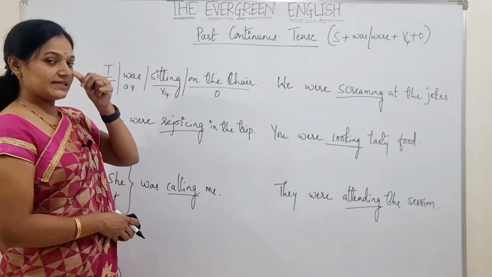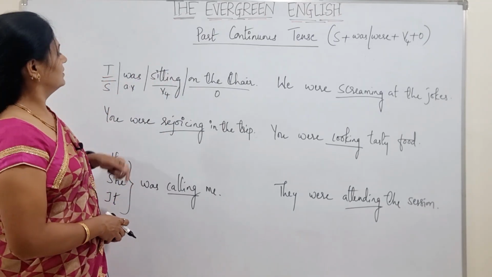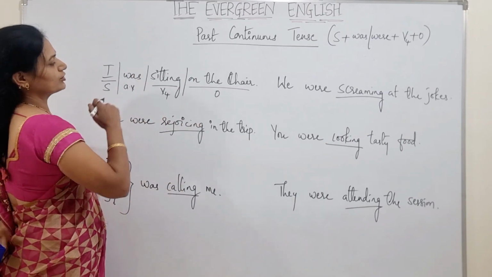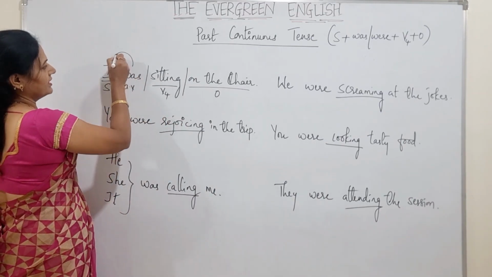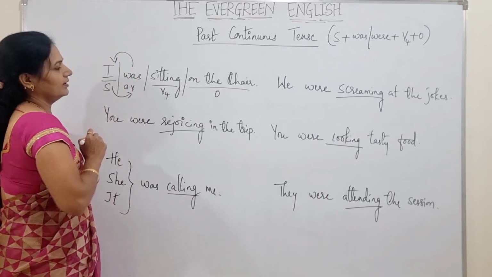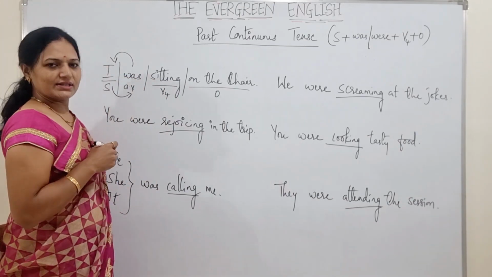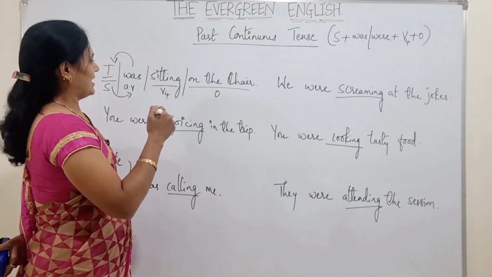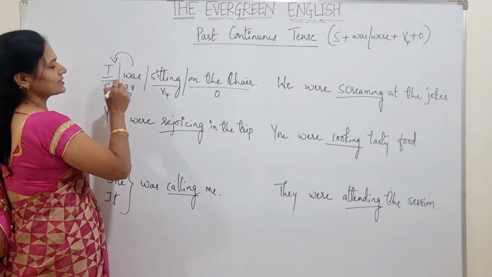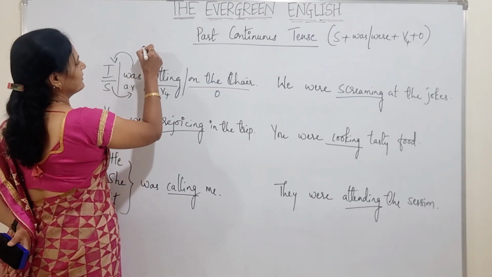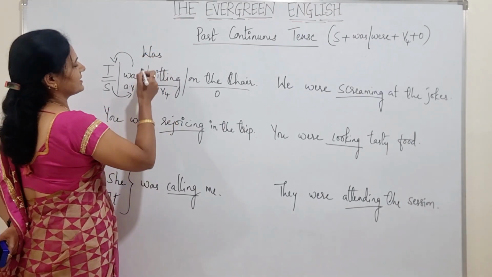Now, shall we change from assertive to interrogative? Here you have to go with this formula. I was sitting on the chair is the assertive sentence. I'll just interchange these. What will be the interrogative sentence?